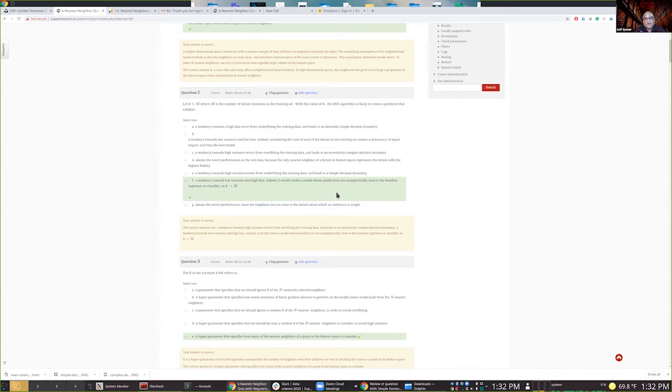So the answer from the classifier will almost always be cow. In fact, always cow. That's the problem with taking very large numbers.